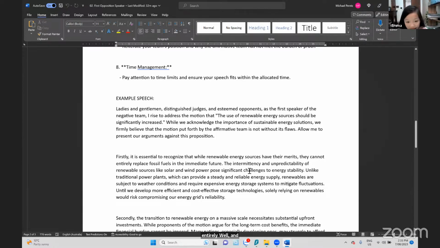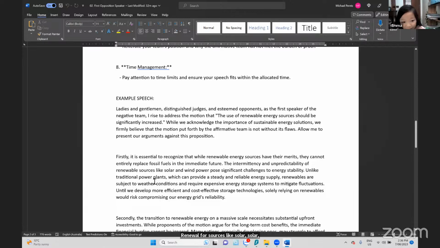The intermittency and unpredictability of renewable sources like solar and wind power pose significant challenges to energy stability.